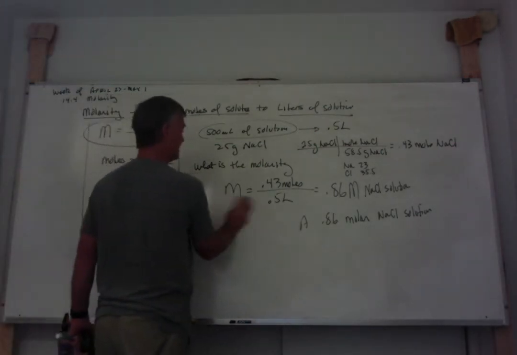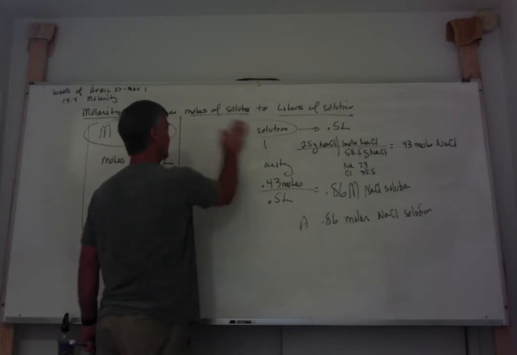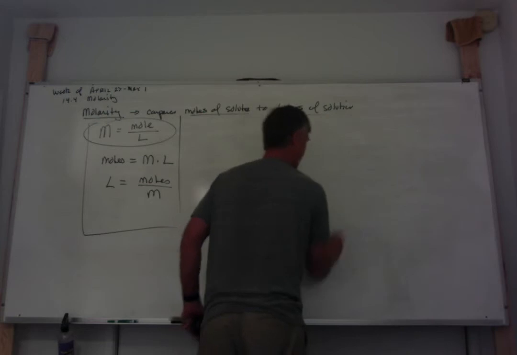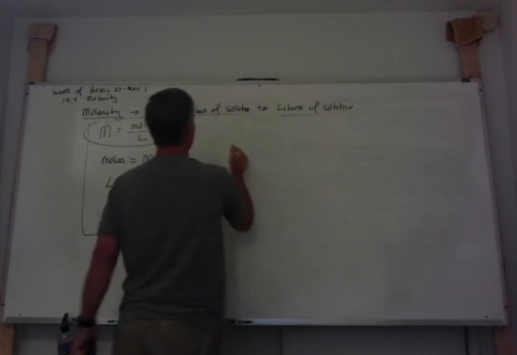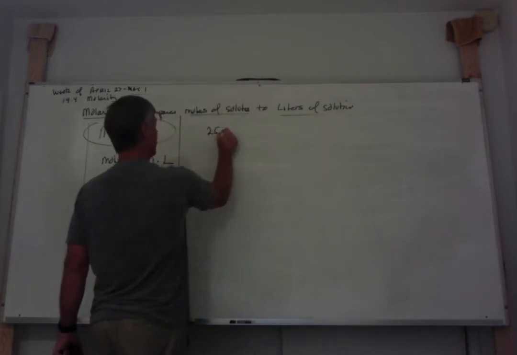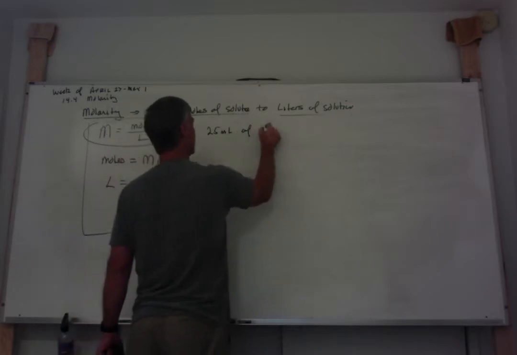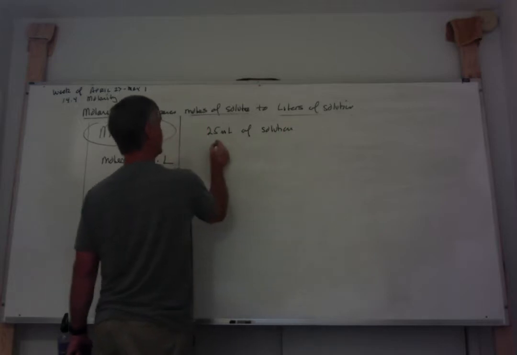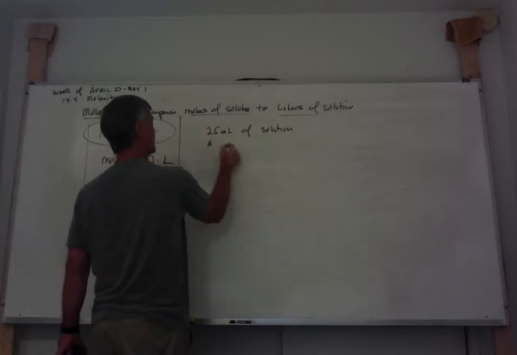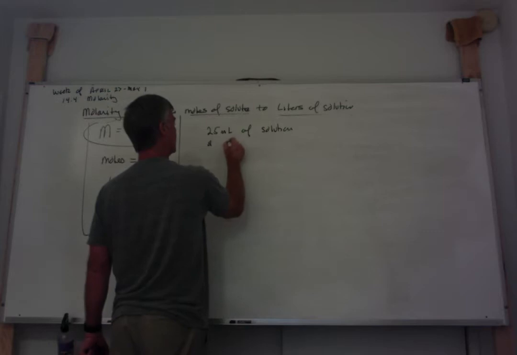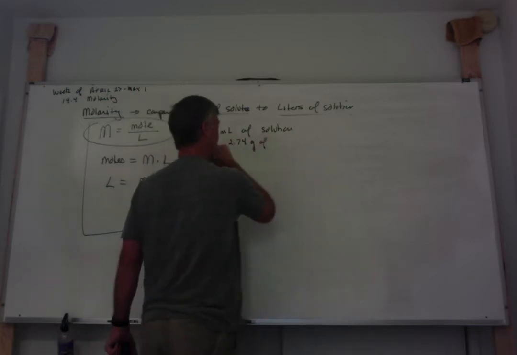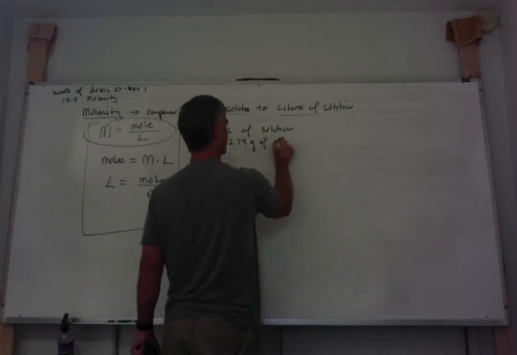Let's do a second one. Let me erase this. Let's say that we had 25 milliliters of solution, and in that we have 2.74 grams of, oh, let's put sugar in there.